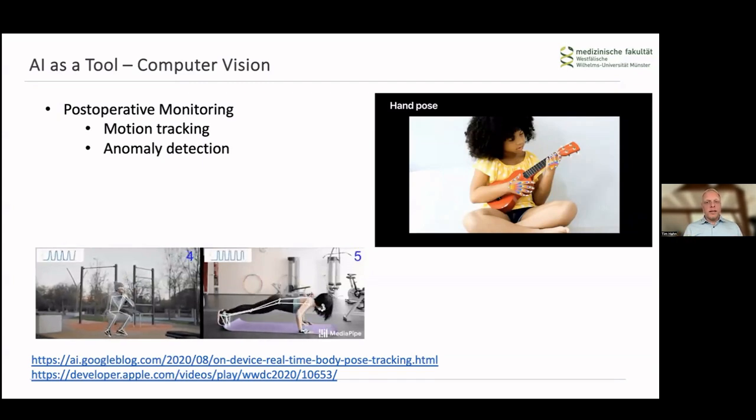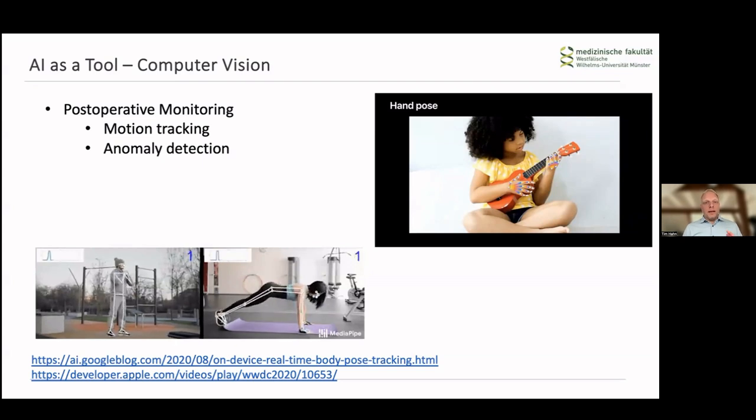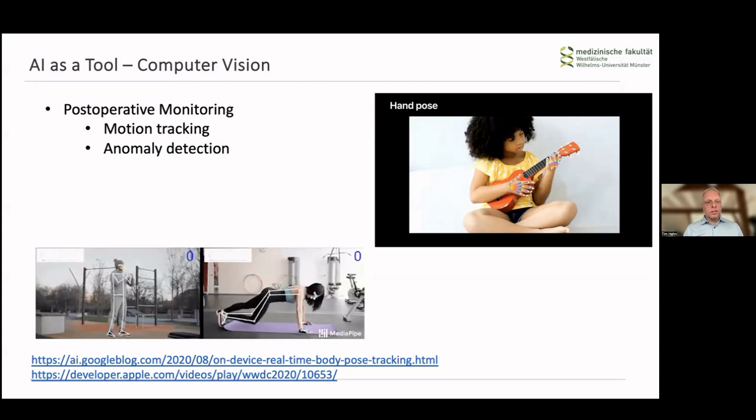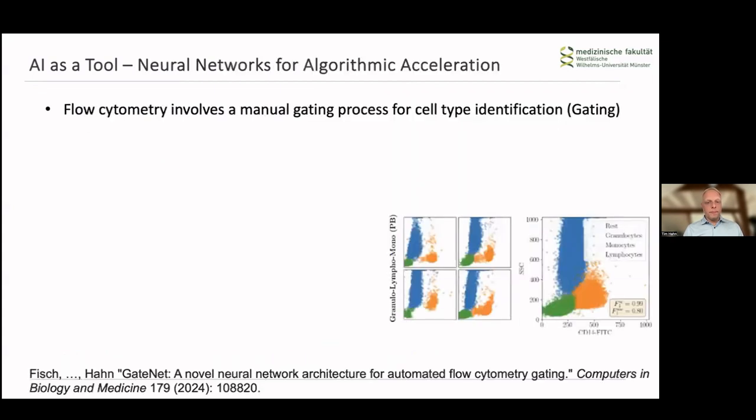That's of course a funny application, but you can imagine, if we do that after surgery, then we can track that and find anomalies a lot faster. And that has been a very interesting project, where we can identify outliers where something's going wrong a lot earlier.